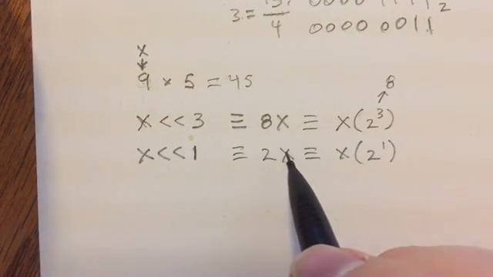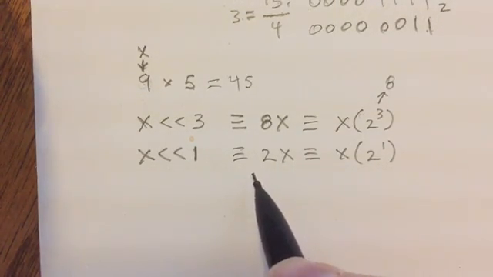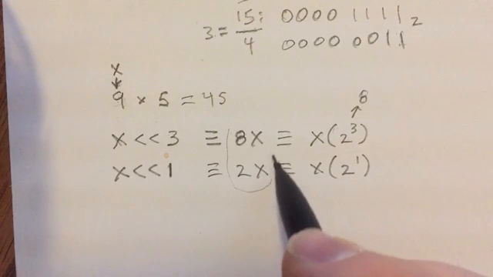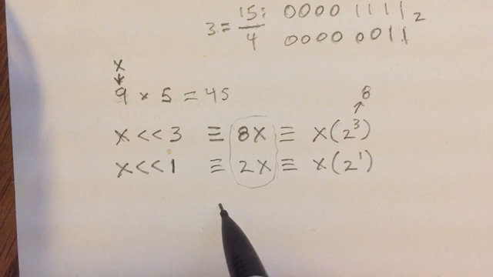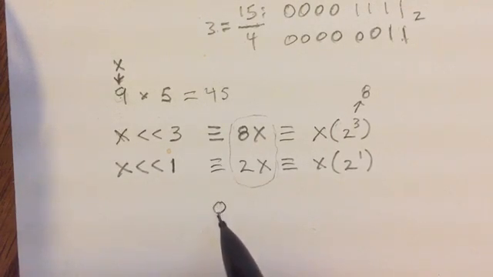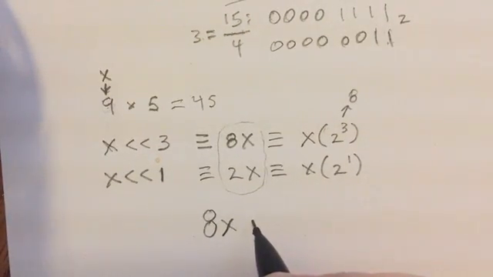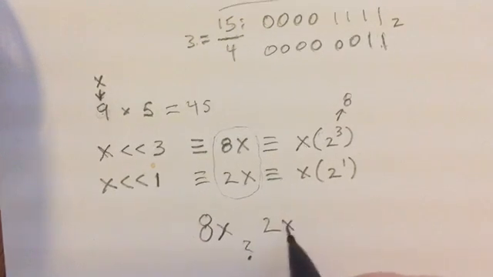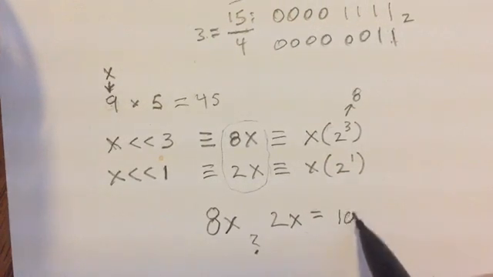But hang on a second. We're starting to see a pattern develop, because we know from high school algebra there is a way to combine these two. Let's say we have a function here, 8x, and some mystery function here, and 2x, and we want it to be equal to 10x.